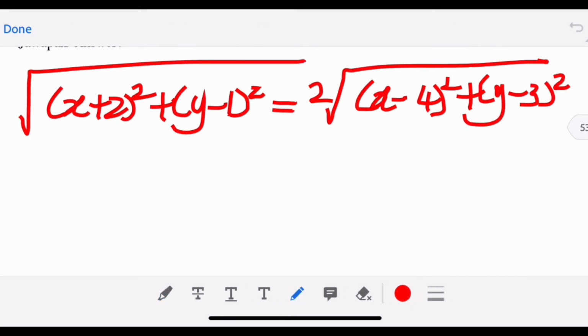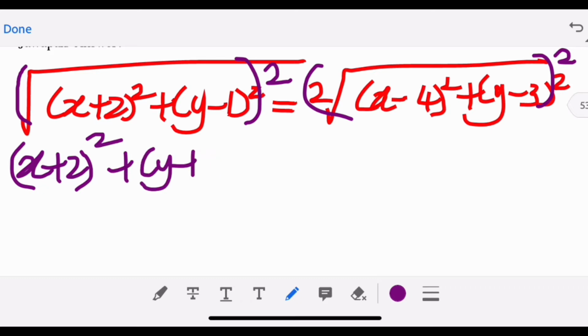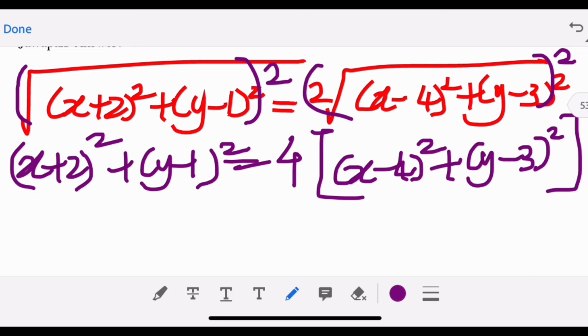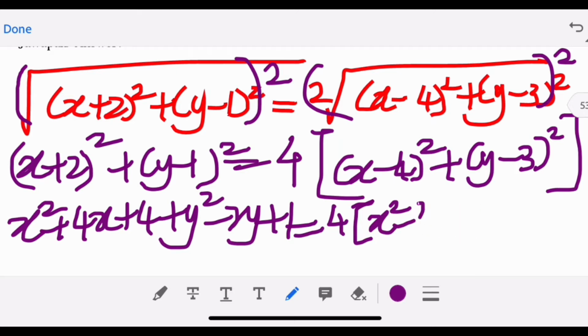Now we need to square both sides, so it becomes x plus 2 square plus y minus 1 square equal to 4, and don't forget the bracket, because x minus 4 square and y minus 3 square must be multiplied by 4. Then we will expand carefully, and must be fast and accurate so that you won't get the wrong answer, right? So we use the expansion of the quadratic function like this.